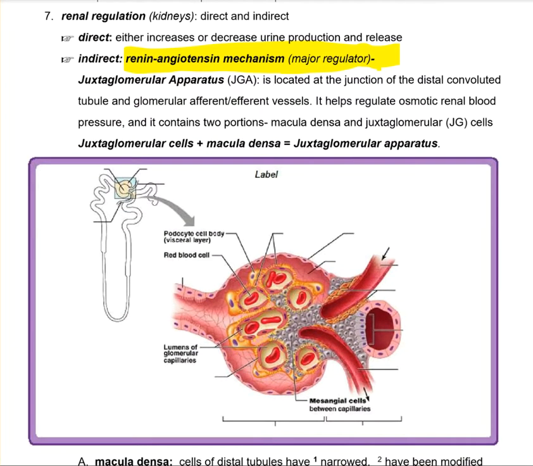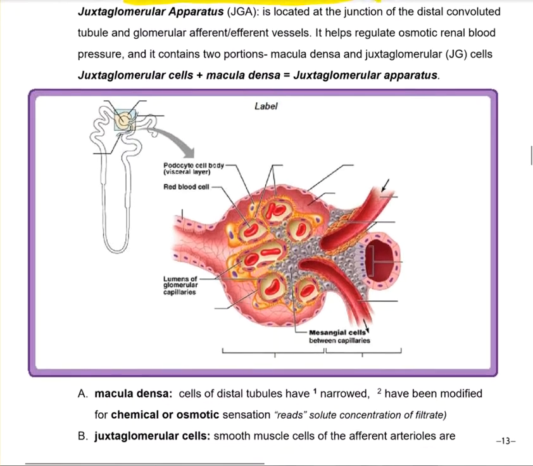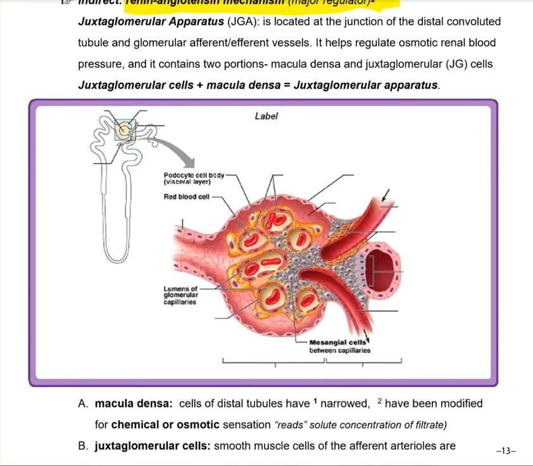What I wanted to note, which I didn't go into a lot of detail because it's written a little nicer here, is that there's this thing called the juxtaglomerular apparatus. And this is right in this area right here. It's what's deciding whether renin is going to get released. And so there's two things: the juxtaglomerular cells in this apparatus and the macula densa cells.